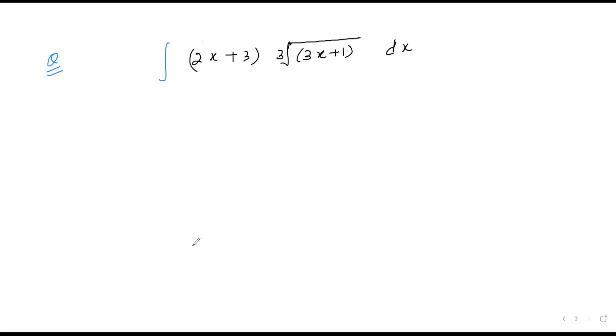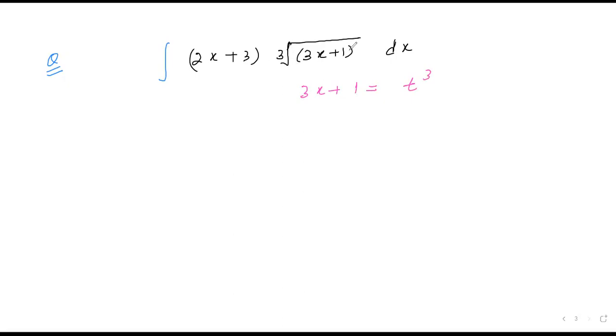So you want to integrate this function, so you have to convert this integrand into the simplest form as per our prior discussion. You have to make this integrand free from the radical sign. So basically you have to replace 3x plus 1 by t cube.